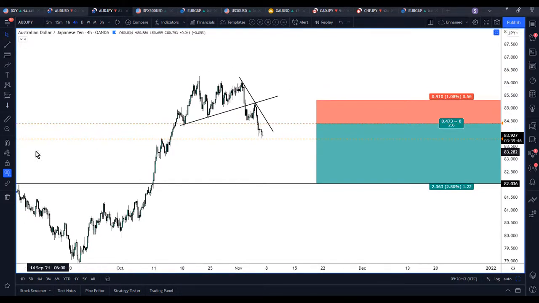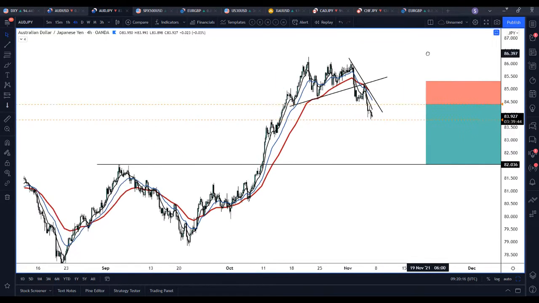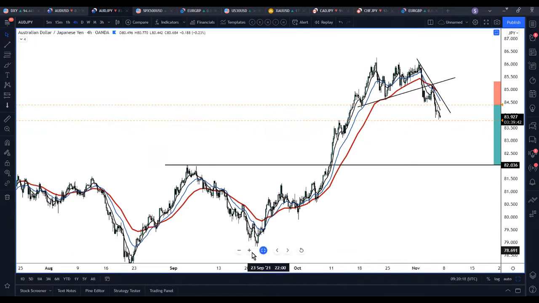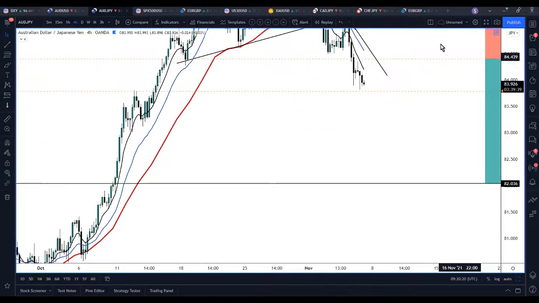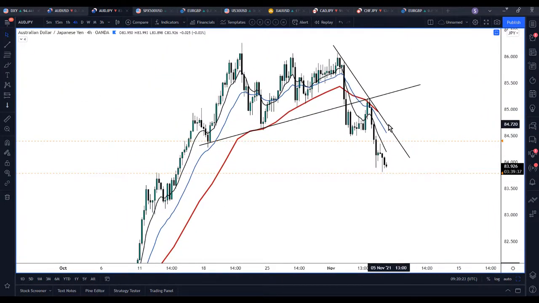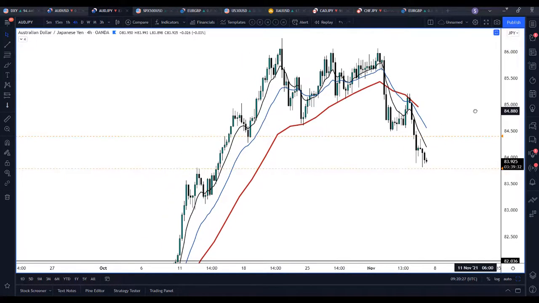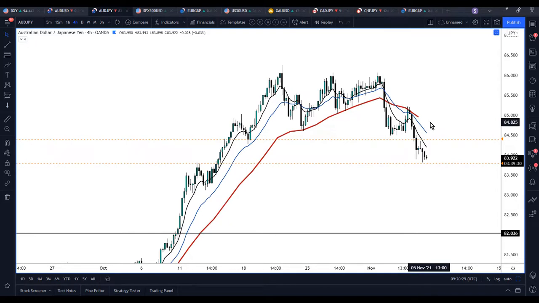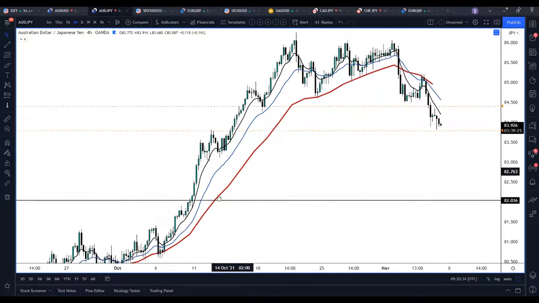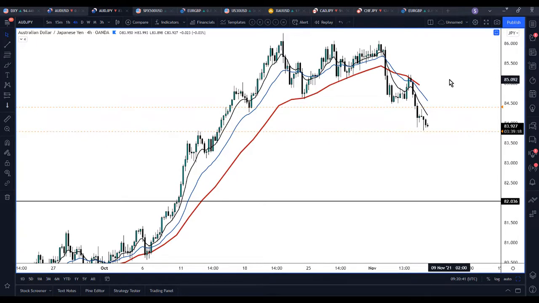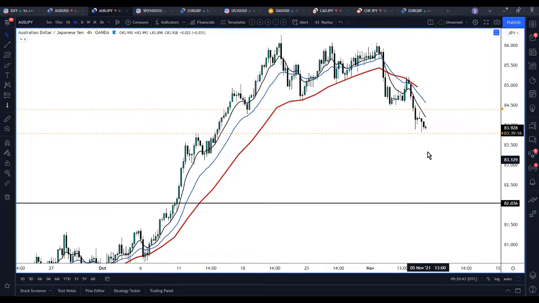Let's just put those averages back on, and you can actually see the moving averages have crossed, where price is underneath all these averages, where here, look, we were above. All the averages have crossed now. They're in order for a bearish move. So really simple, just looking for a correction back.